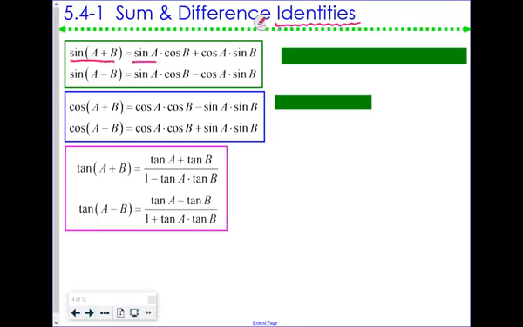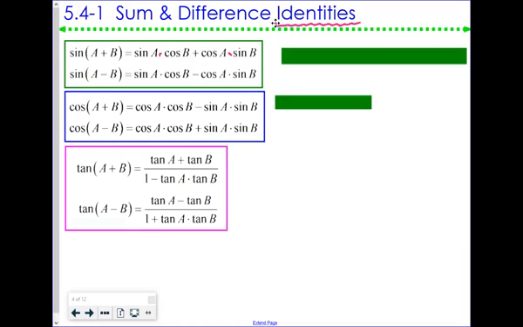This equals this for every single value of A and B. For any angle A and angle B, the sine of A plus B equals the sine of A multiplied by the cosine of B plus the cosine of A multiplied by the sine of B. Okay? They're identities.